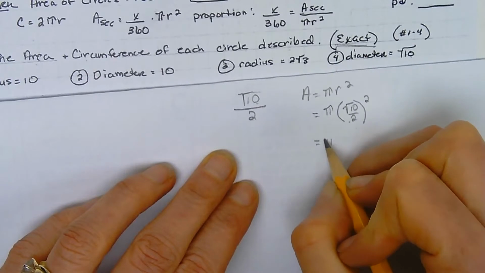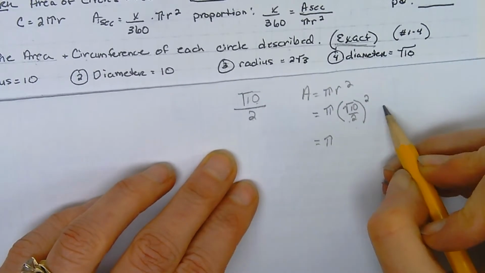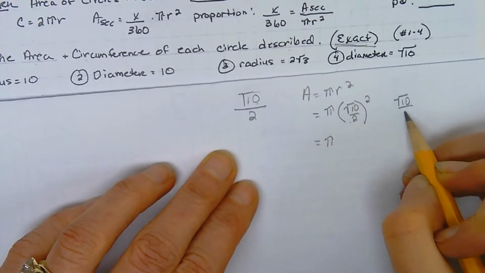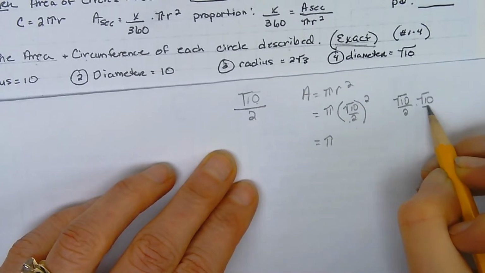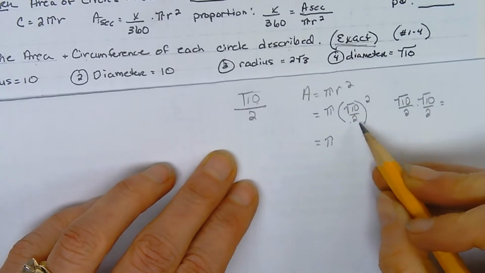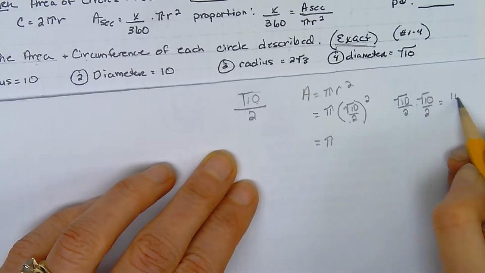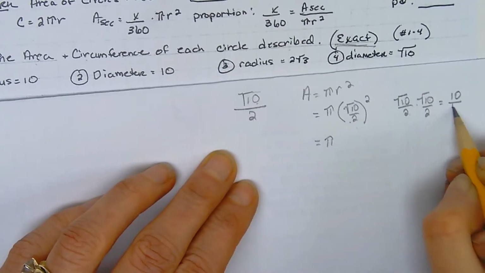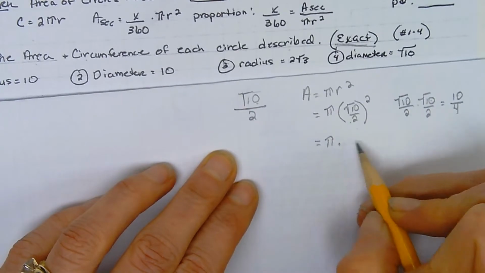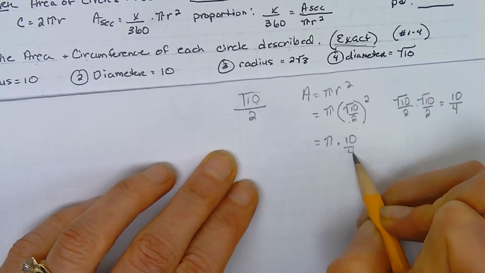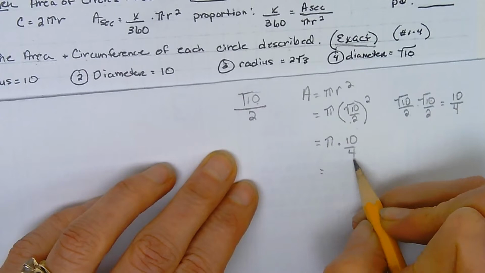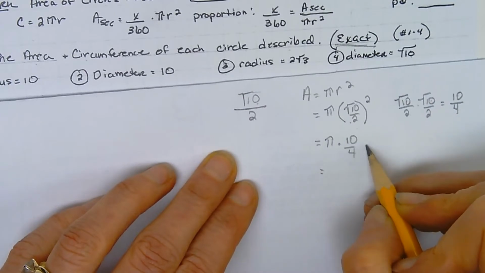Well, that's pi times, this is equal to the square root of 10 over 2 times the square root of 10 over 2. That's how we square it. And the square root of 10 times the square root of 10 is 10, and 2 times 2 is 4. So that's pi times 10 over 4, and that's equal to, we can reduce 10 over 4 to 5 halves.